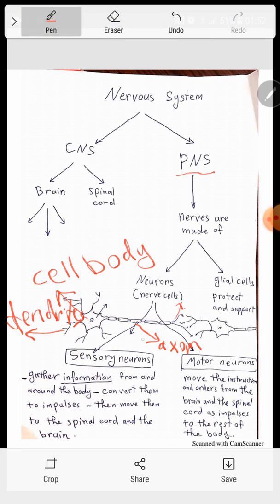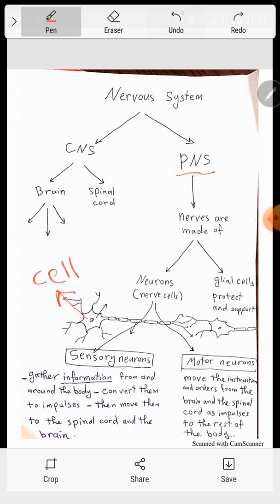Before talking about how the impulse moves through this neuron, let's talk about the types of neurons in general. This is very important. We mentioned that many times. These are sensory neurons and motor neurons.